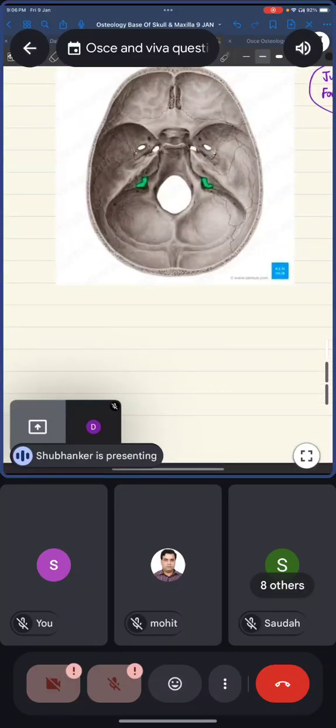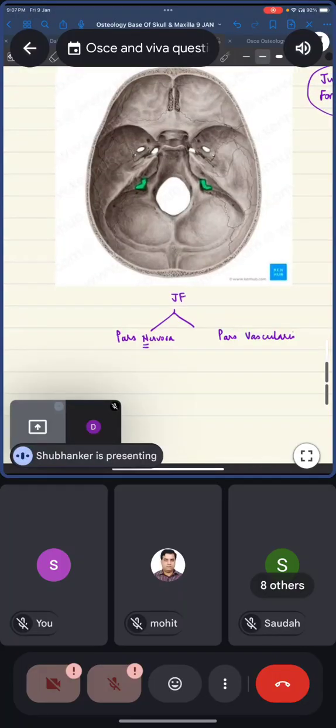So it is important. What Scott Brown tells us is that this jugular foramen is divided into two parts. First is your pars nervosa, and what is the second part? Pars vascularis. So this pars nervosa, since it is nervous, what happens over here?